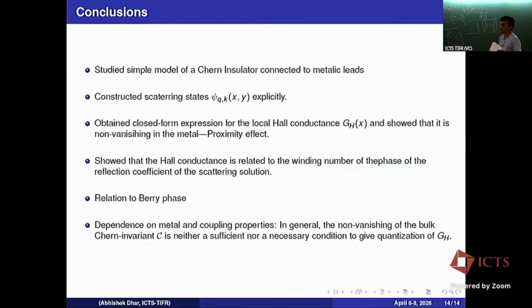More questions? You talked about the proximity effect and how the Hall current decays inside the metal as well. Why is it a power law in the metal and exponential in the Chern insulator? I can't give a physical reason. We can do a calculation and it comes out. But isn't the metal also in the band gap? No, in the metal we have all the states.